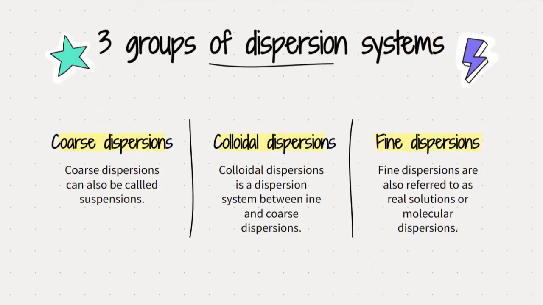A dispersion system is thus a mixture of the dispersed phase with the dispersing medium being mixed in a uniform manner. Dispersion systems are divided into three groups, including first, coarse dispersion. Coarse dispersions can also be called suspensions. A suspension is a heterogeneous mixture of a dispersed phase and a dispersing medium.